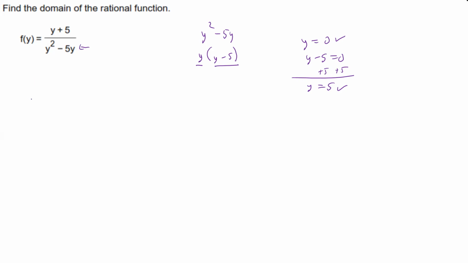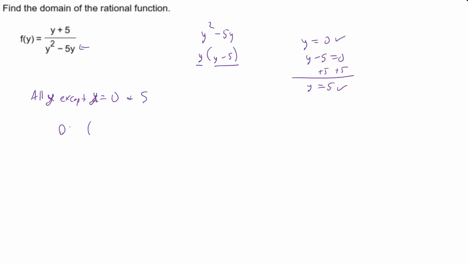So here it's going to be all y except y equals 0 and 5. So how are we going to write that one?